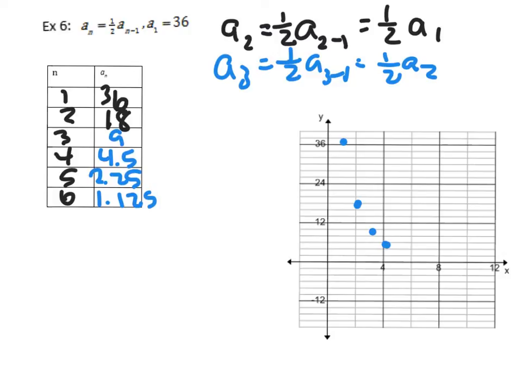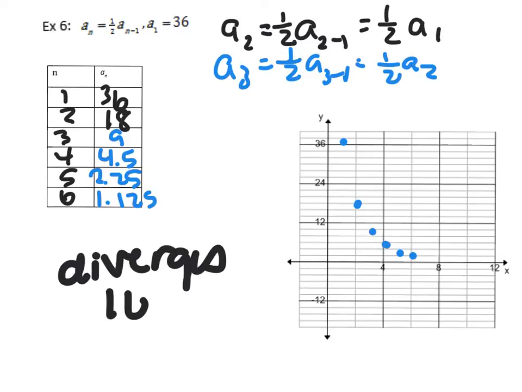It's hard to do it with a pen, so those should be a little bit over. And if you keep going, you'll notice that these are getting closer and closer and closer to an asymptote at 0. So this actually converges to 0.